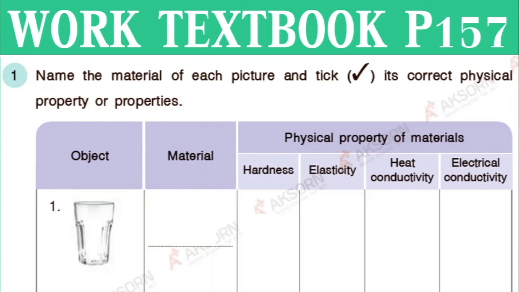I repeat, if you need some time to prepare your work textbook and pen, please pause the video, and when you're ready, push the play button again and we continue our lesson. Open your work textbook on page 157, exercise 1. We will name the material of each picture and tick its correct physical property or properties.